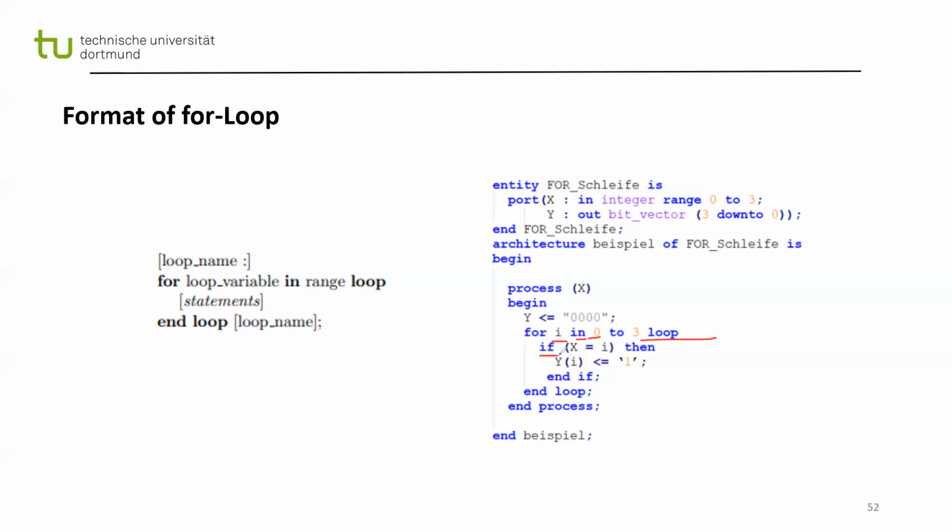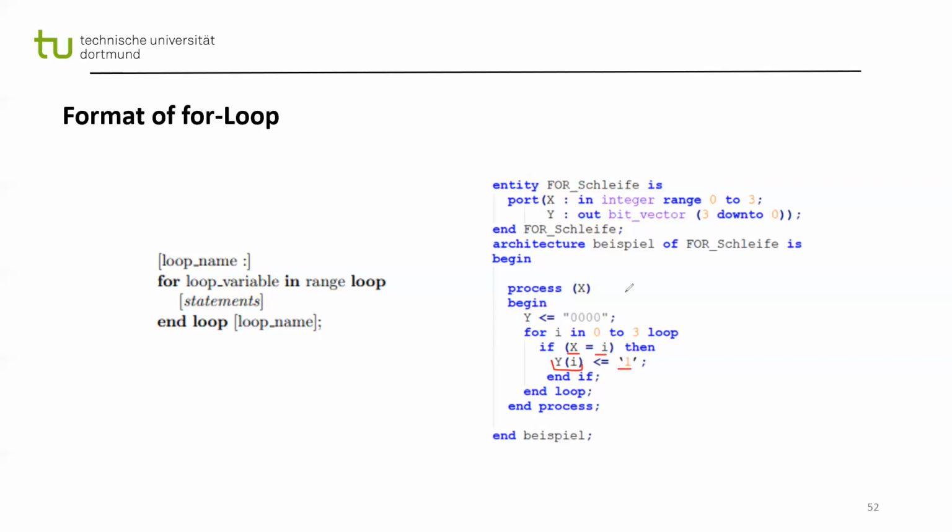We have a sequential statement inside of our for loop, which is also possible in VHDL. And this has no apparent functionality. It's just an example to show you how it works. So when X is equal to I, then the value of Y in the position of I will take 1.